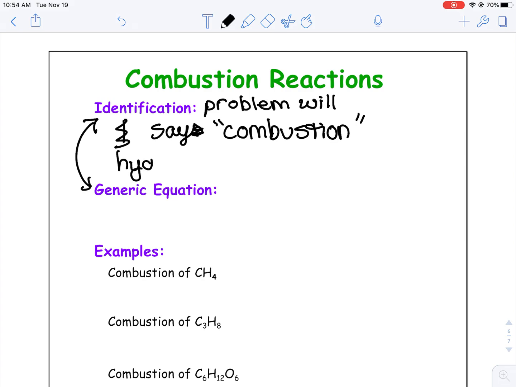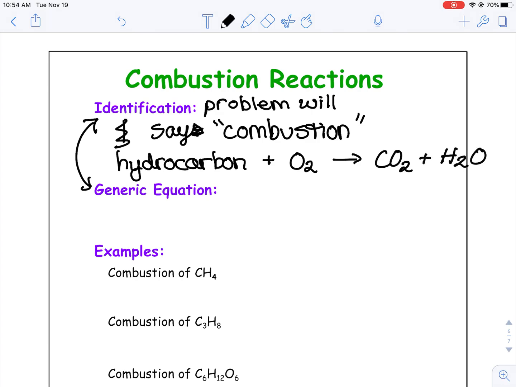In a combustion reaction, you have a hydrocarbon, which is a substance made of hydrogen and carbon, or sometimes hydrogen, carbon, and oxygen, reacting with O2, oxygen, to make carbon dioxide and water. These 3 pieces of this equation that I'm double underlining never change.